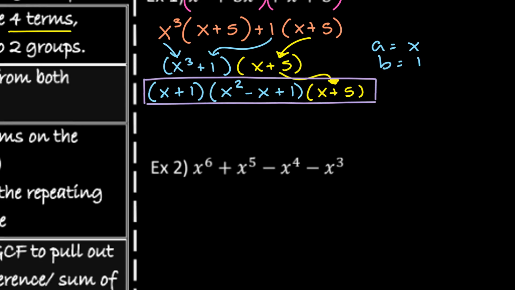Are we trying to FOIL and box method to put those together? No, we just spent all that time trying to break them apart. It would be like adding and then deciding to then subtract. Well, then why did you just add? Don't go backwards when you just went forwards.